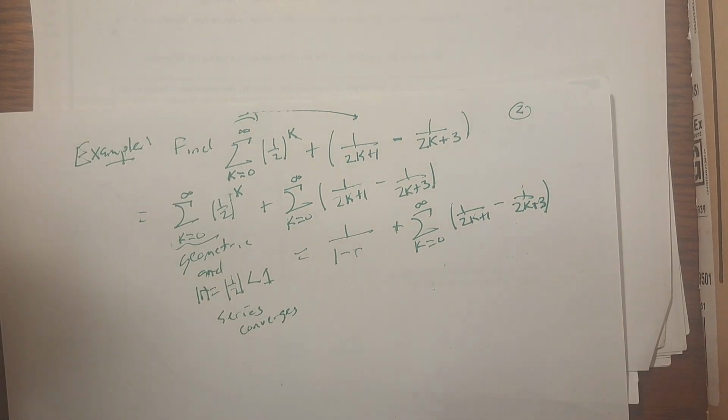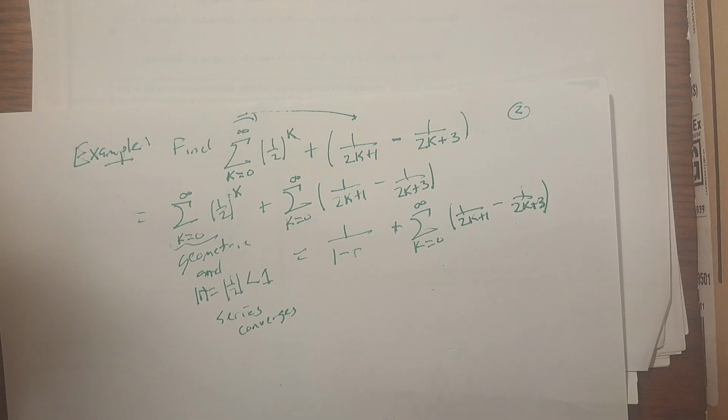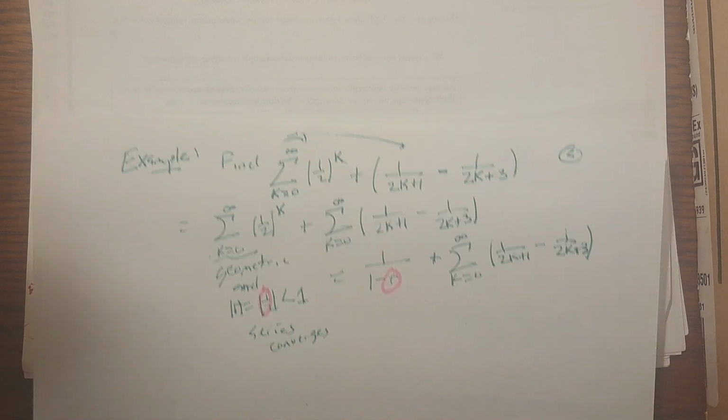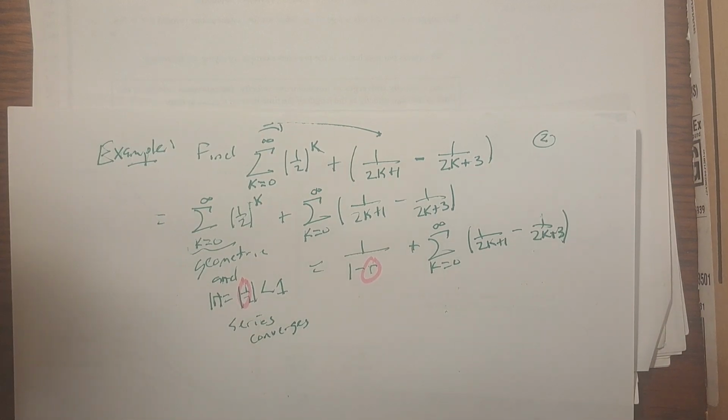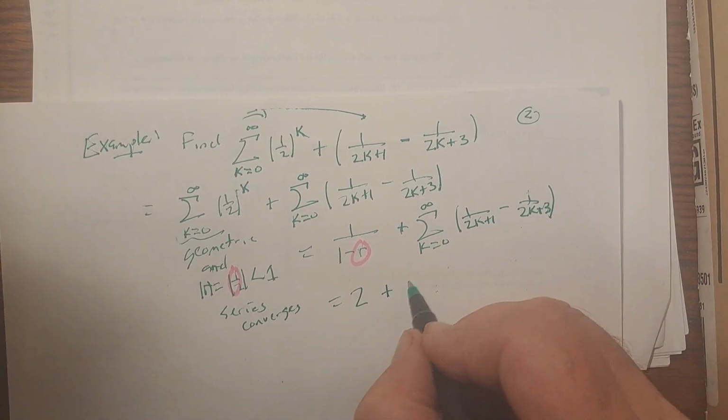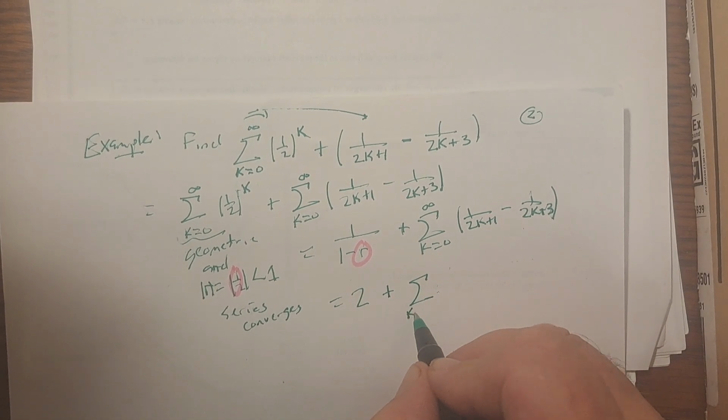Since the r is 1/2, we can just put half in there, get 1/(1 minus 1/2), which is the same as 1/(1/2), so that's 2. So the easy part's done, and now we'll move on to the harder part.